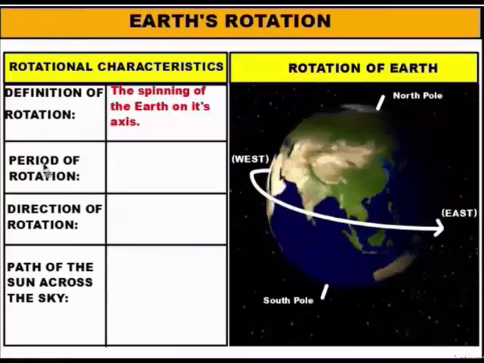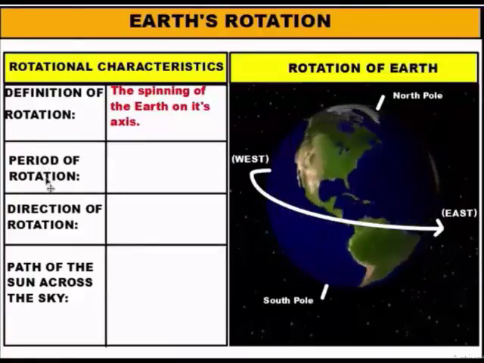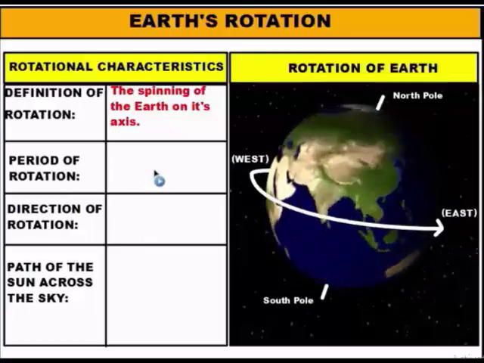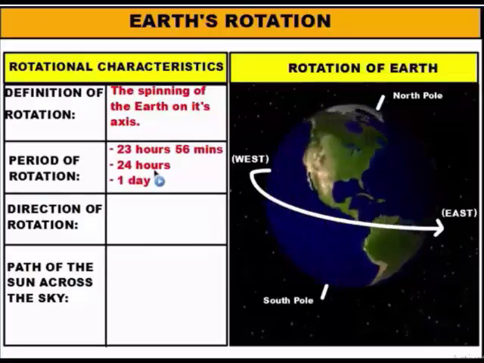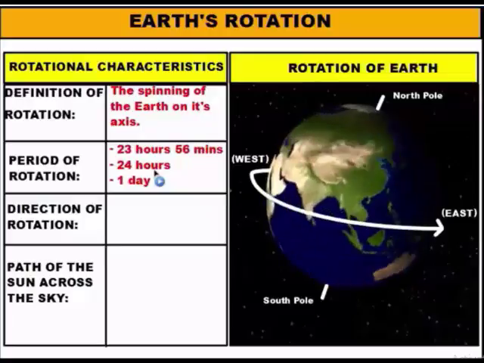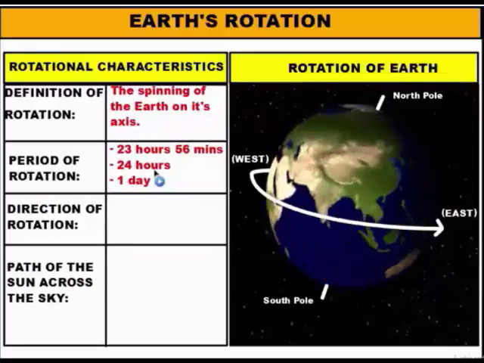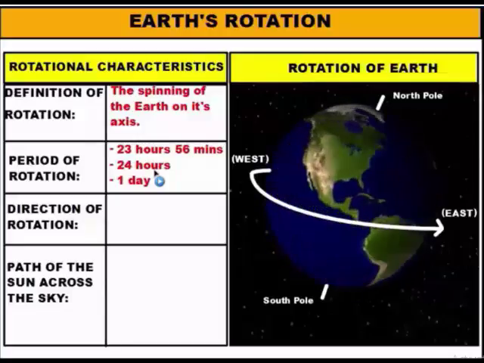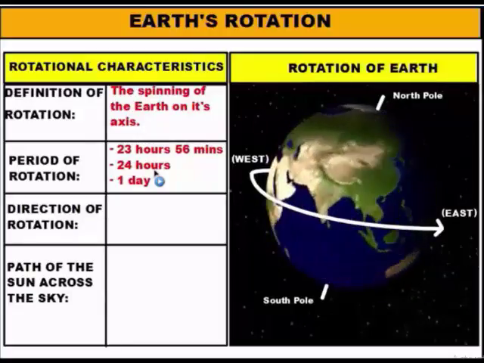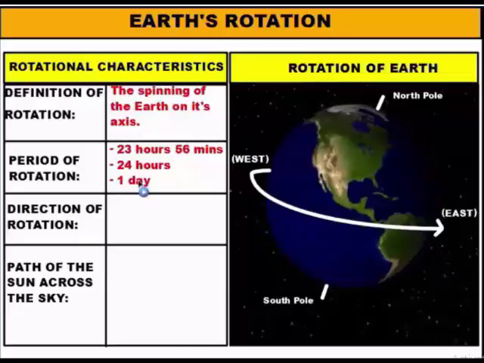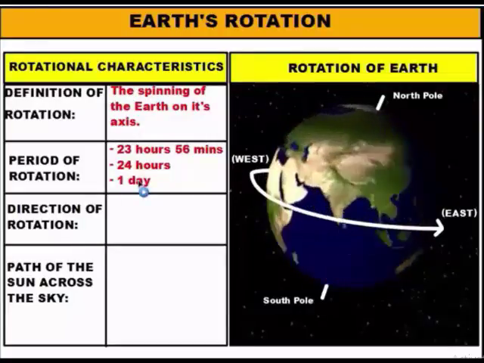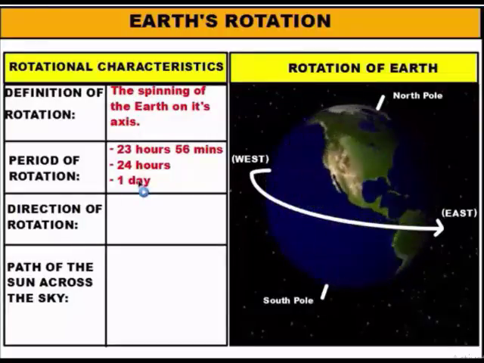And when it comes to period of rotation, we also have periods in our day, right? In our class, in a day we have 5 to 6 periods, and in that we have 45 to 50 minutes. Like that, earth also takes certain period to complete one rotation.